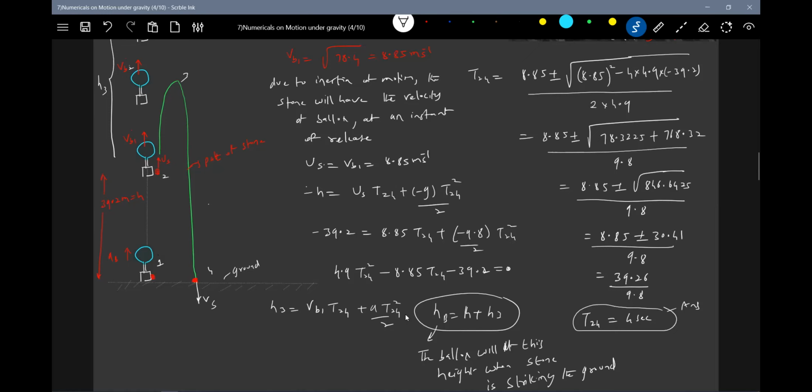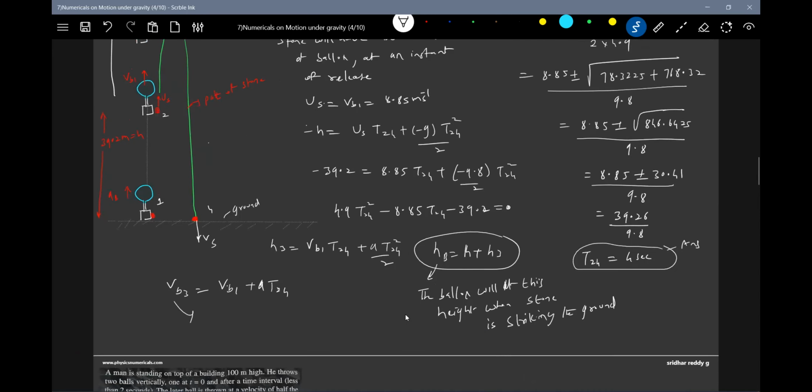With what speed will the balloon be moving? VB3 equals VB1 plus a into T24. So again, what is the speed with which the balloon will be moving when the stone is striking the ground?